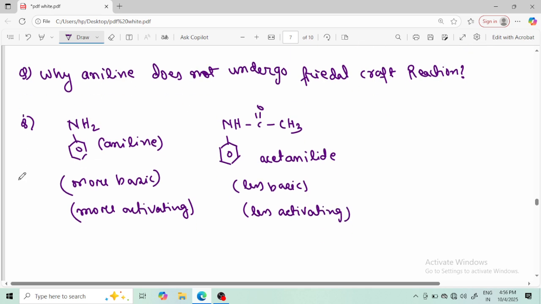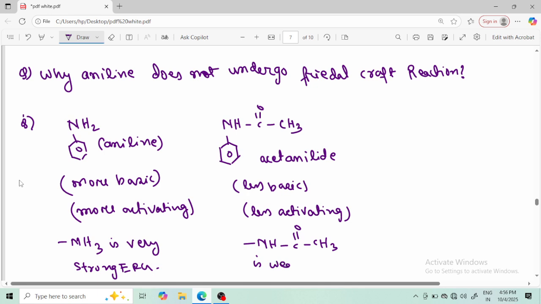In simple terms, NH2 is a very strong ERG, and this NHC double bond O CH3 is comparatively weak ERG.